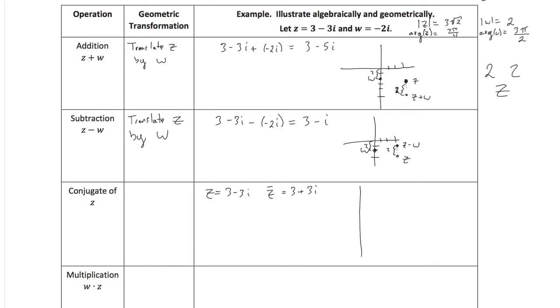And if I draw this, 1, 2, 3, 1, 2, 3, right there, again, not drawn to scale, but 3, 3. So z bar really just reflects me across my real axis. So reflect z across the real axis.